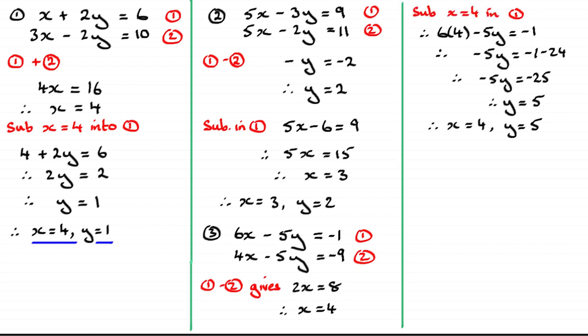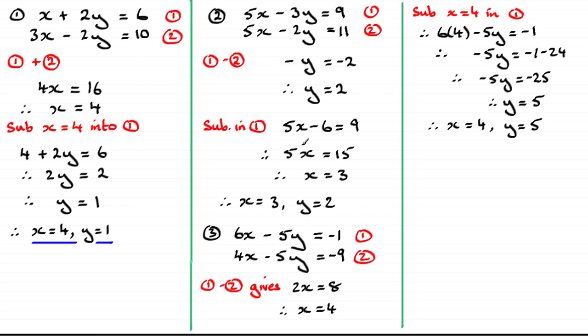How we eliminate it. Okay, here we've got a question with two negatives on the y terms. They're exactly the same kind of term. And when things are exactly the same kind of term, you always subtract to eliminate them.